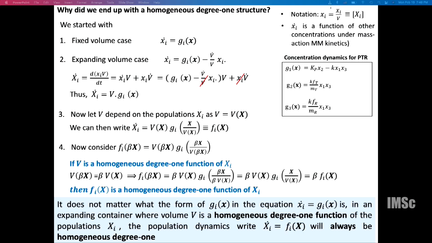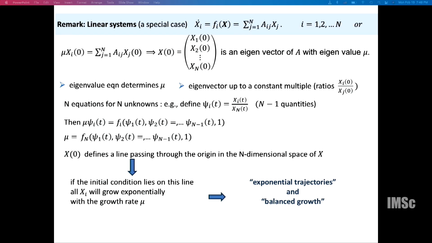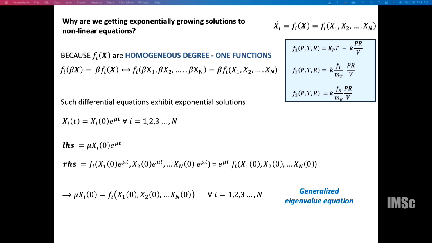I have shown you that in the example that I've talked about, this PTR example, we are going to get homogeneous degree 1 functions.